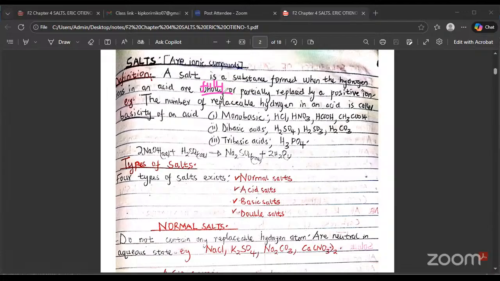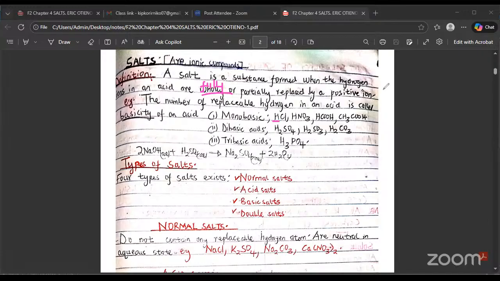Now, in an acid, the replaceable hydrogen ions are normally called the basicity of the acid. The more the hydrogen ions, the name will be changing. For example, when you have one replaceable hydrogen ion, as in HCl, which is hydrochloric acid, we have nitric acid, and most of the carboxylic acids actually have that one.